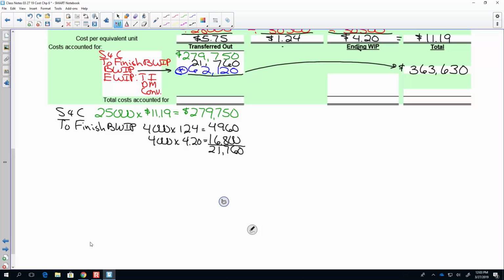Let's do the ending WIP. It's kind of the same concept, right? We got ending WIP, TI, DM, conversion. And we're just going to take the step 2 number and multiply it by the step 3 number.